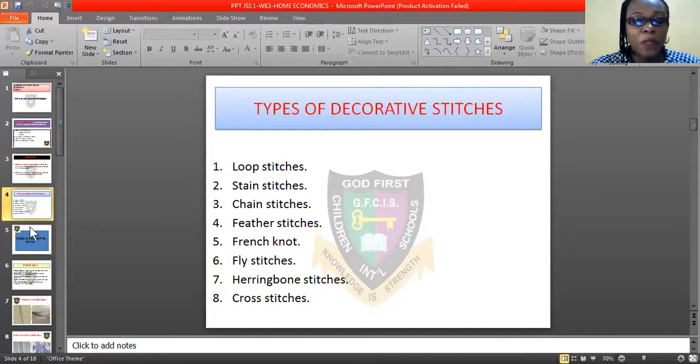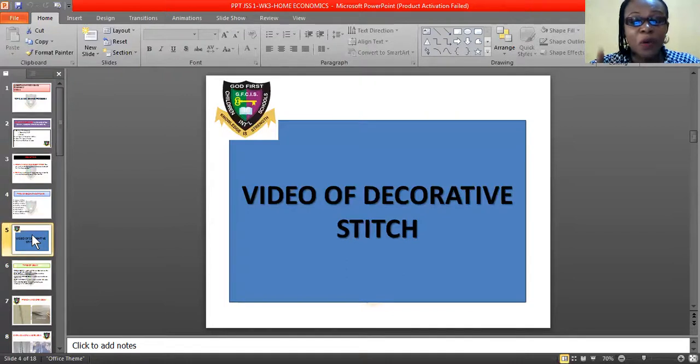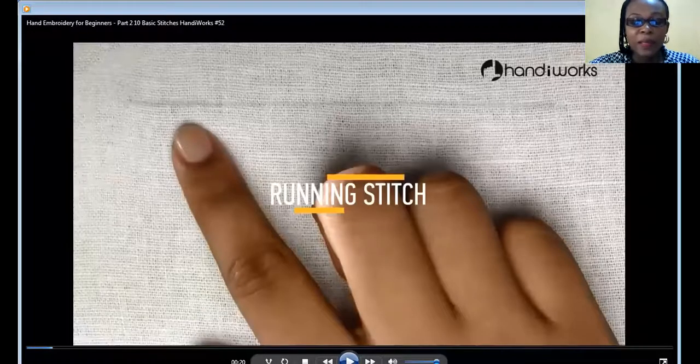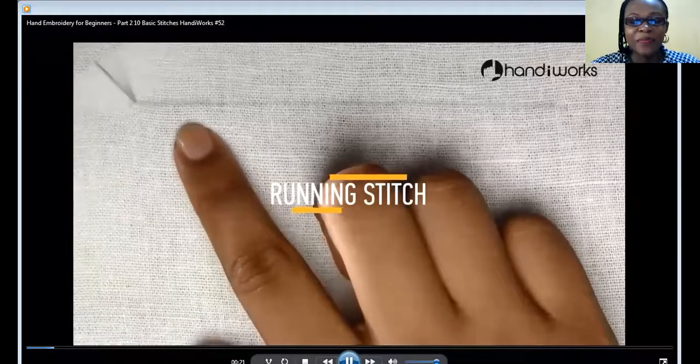Before then, there's this video of decorative stitches that I want us to watch. It will help us in knowing these decorative stitches the more.